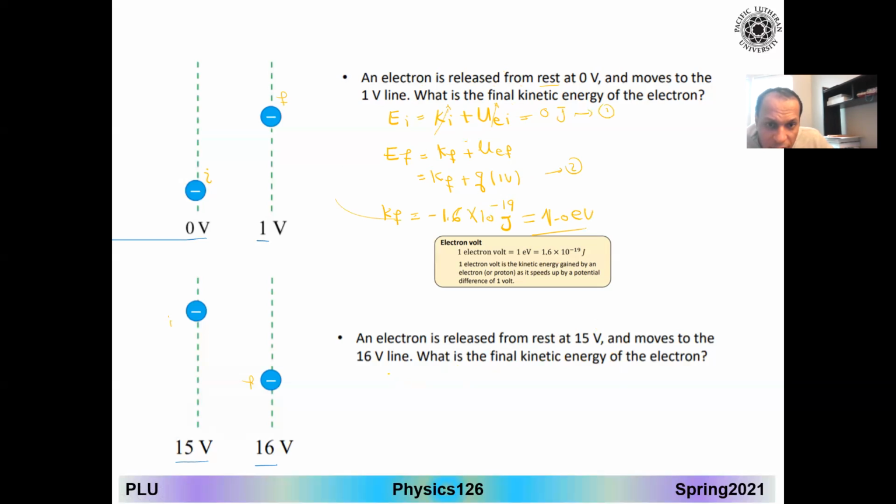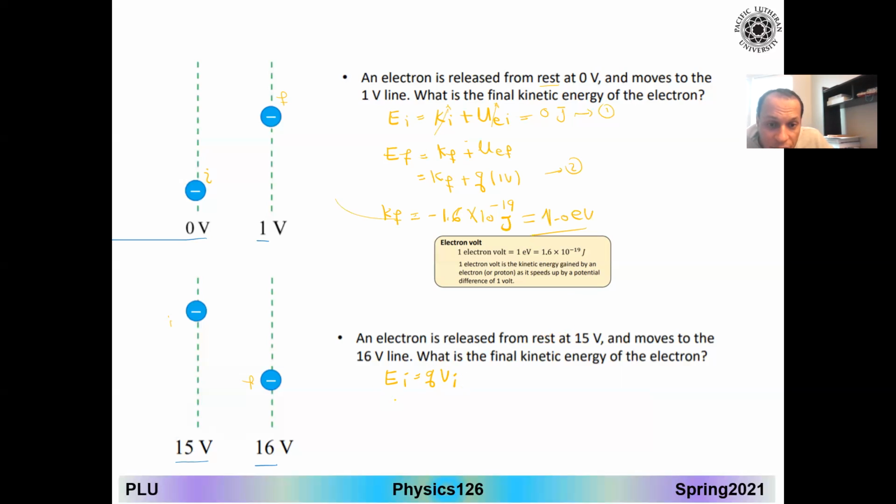If you calculate the energy at the initial point, the kinetic energy Ki equals 0, and we start from 15. So the only component I have is Q times Vi, where Vi is 15.